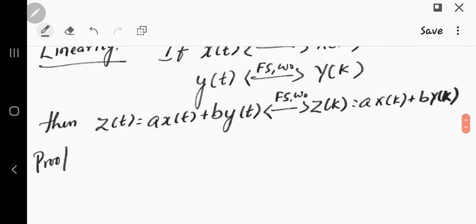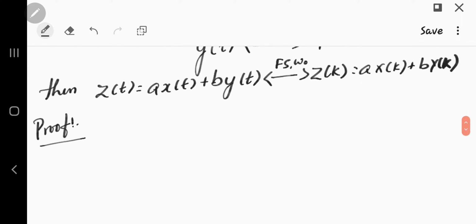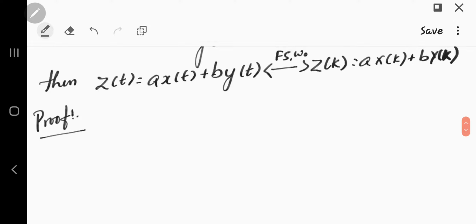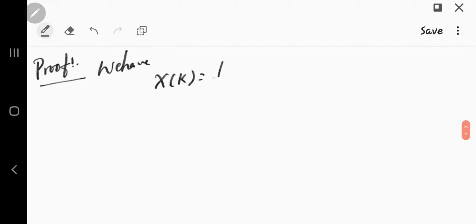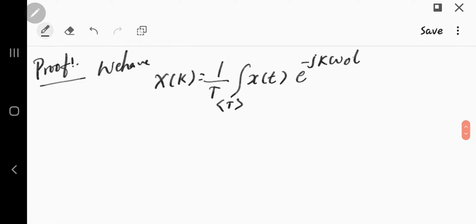Let's take the proof of this. So a x of t plus b y of t will give z of k is equal to a x of k plus b y of k. What do we have? We have x of k. How do we define x of k? You just take the analysis equation: 1 by T integral of x of t e power minus j k omega naught t dt.